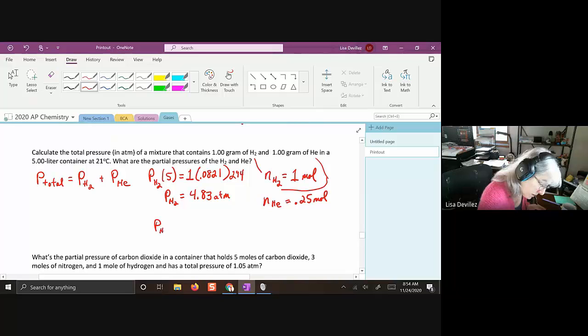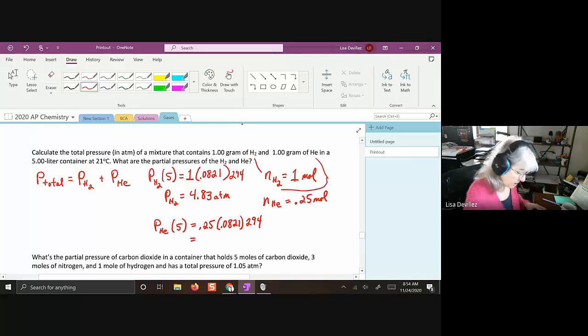And then I can do the same thing. Partial pressure of the helium times 5. So 0.25 moles of helium, 0.0821, and 294. So that is pressure of just the helium.